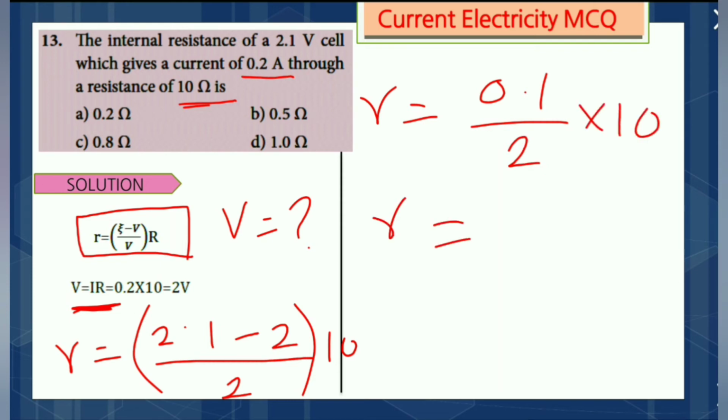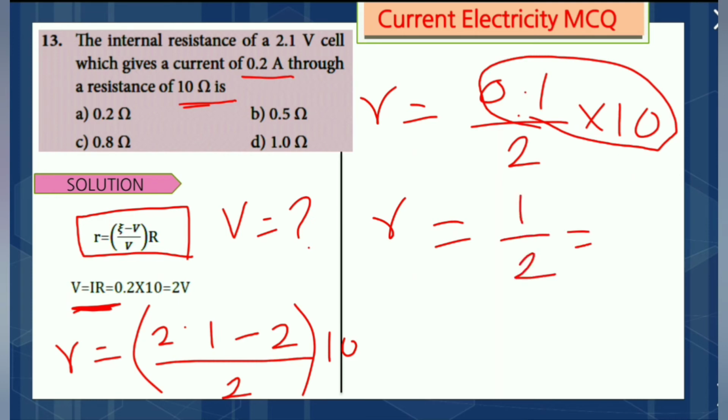So r is equal to 0.1 into 10, which becomes 1, so 1 by 2, which is equal to 0.5 ohm. So the internal resistance in this case is 0.5 ohm. Option B.